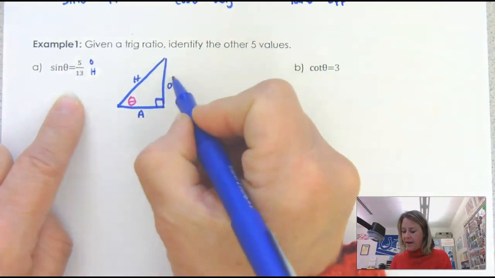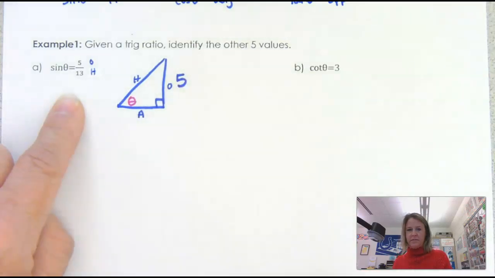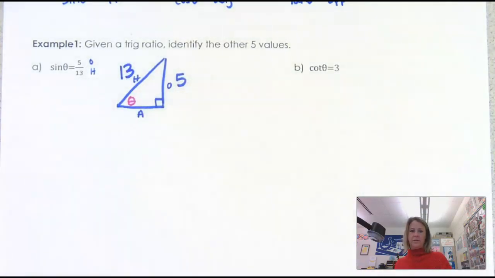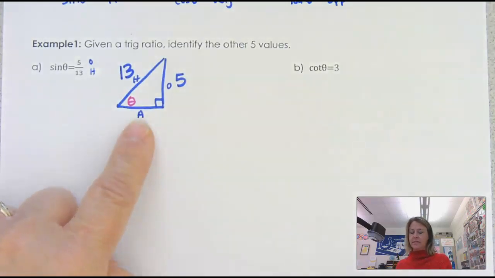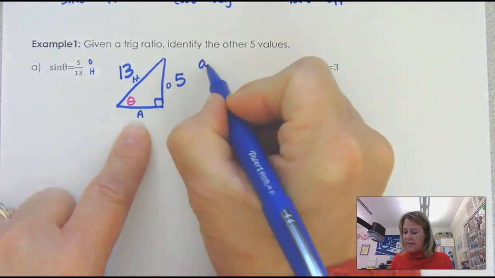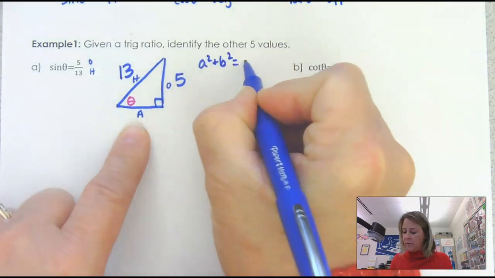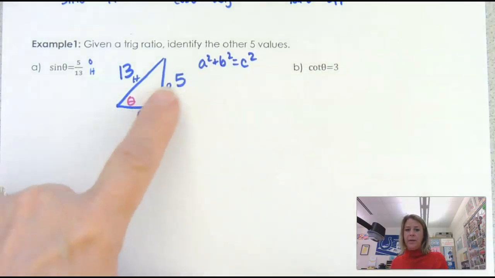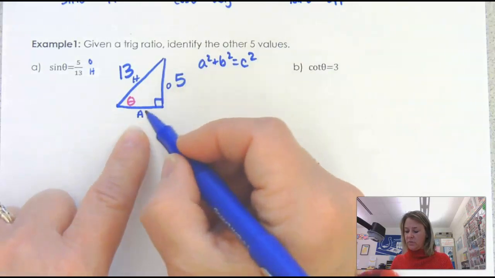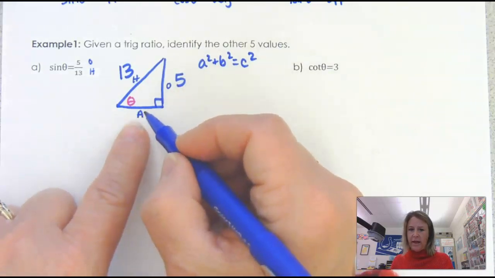I'm going to put a 5 over here where that opposite side is, and I'm going to put a 13 where the hypotenuse is. So what I need to do now is figure out what this missing side is. We're going to go back and do more geometry. We're just going to do Pythagorean theorem. So that's just a squared plus b squared is equal to c squared. A and b are always the legs of your right triangle. So in this case, we don't know this one. I'm probably just going to call it an x.